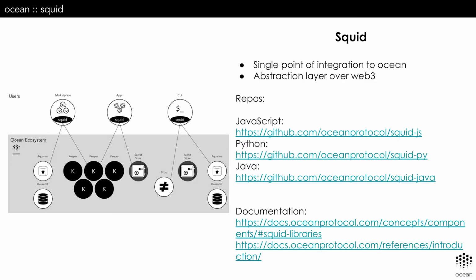This is a component from a level above. This is called Squid, and this is our main library to interact with Ocean Protocol. This Squid library is using the Keeper contracts to do stuff on the blockchain, to register assets, to do purchases, to hand over ownership of assets. And like it's written there, it is an abstraction layer of Keeper contracts.